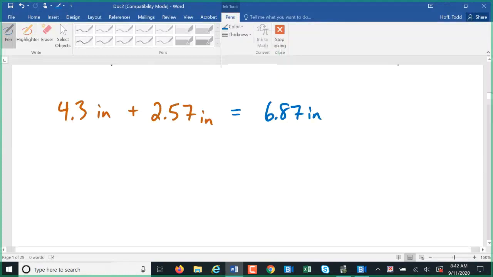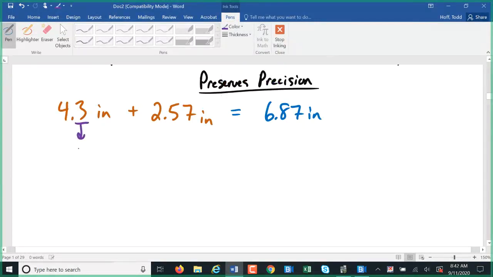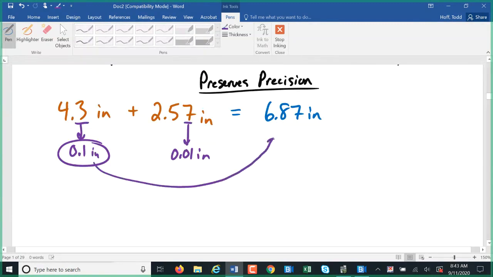However, remember, addition preserves precision. So we look at the precision here. This is precise to the nearest tenth. This one is precise to the nearest hundredth of an inch. Which one is less precise? Well, a tenth of an inch is less precise than a hundredth of an inch. There's more error there. That means my answer has to be rounded to the tenth of an inch.